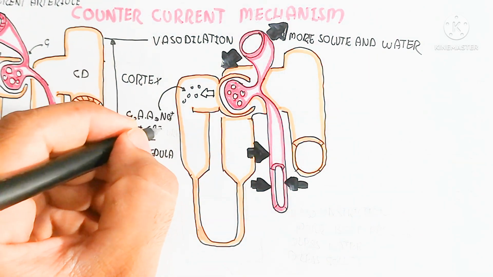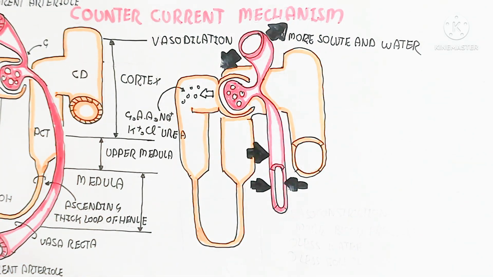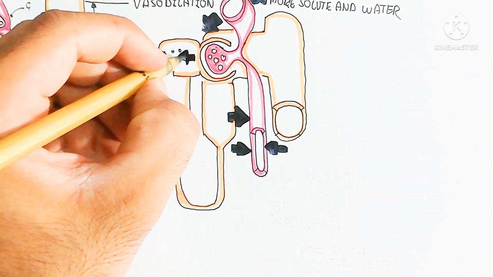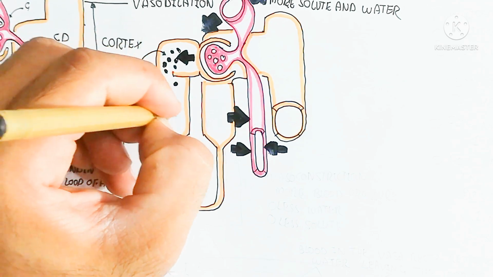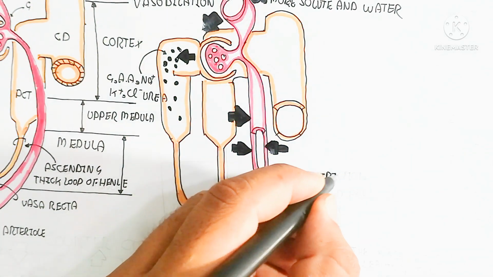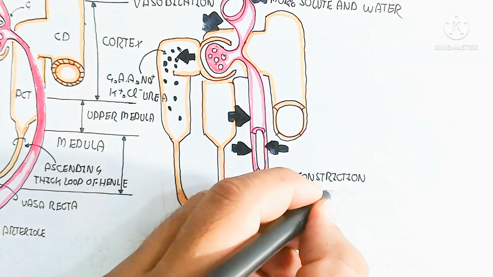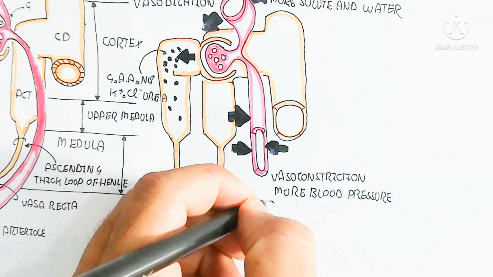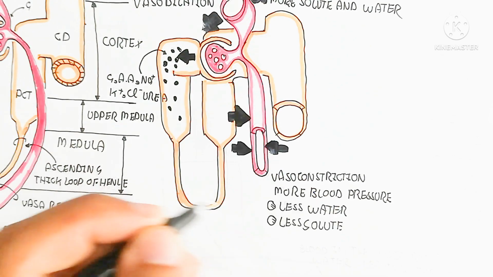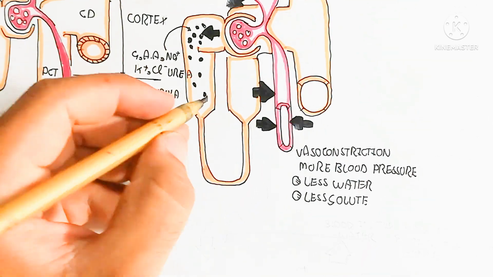That filtrate can be glucose, amino acid, sodium, potassium, chloride, and urea. Glucose and amino acids are quickly reabsorbed from the proximal convoluted tubule into the efferent arteriole. But with the vasoconstriction there is more blood pressure, and less water and less solute are present in the efferent arteriole for reabsorption of the filtrate content.